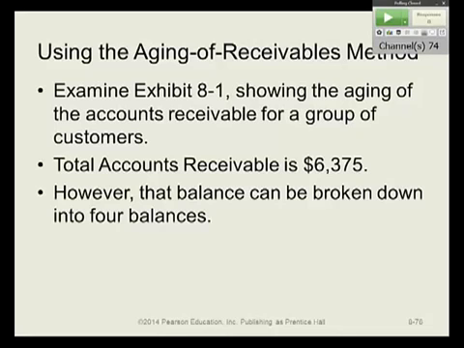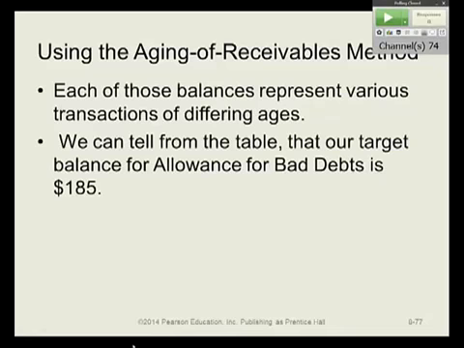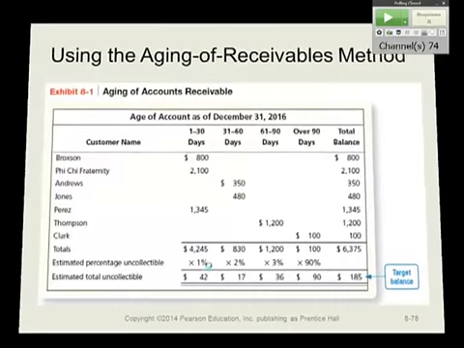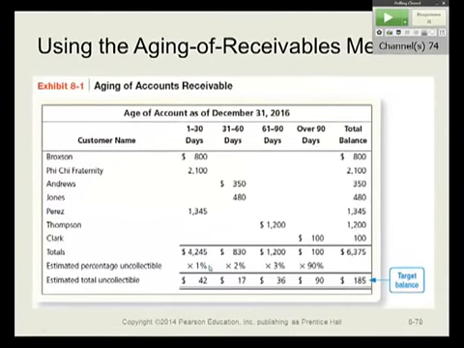So a current account is within 30 days. Once it hits 30 days, it gets classified as 30 days. Then it goes to 60, and so on. So if you look at Exhibit 8.1, where the total receivables are $6,375, and they're made up of 6 different accounts, and those accounts are now separated by the number of days that they are past due.